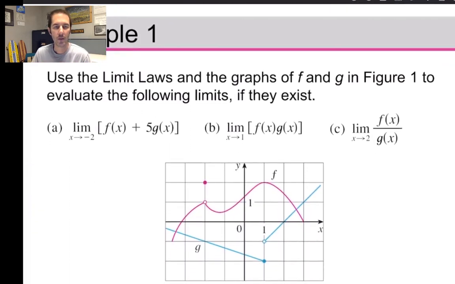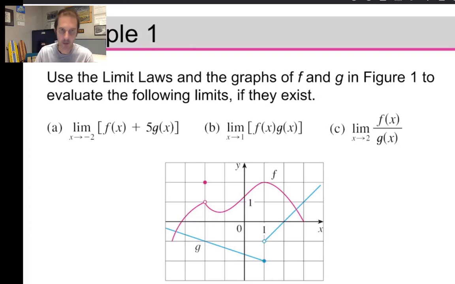We can use our limit laws to answer the following questions, and I like the way that these questions are formatted. At least it brings in a little bit of a visual component, which is helpful to a lot of us. The first one, part A here, is saying that we're applying the limit to the contents of these square brackets as x is approaching -2.